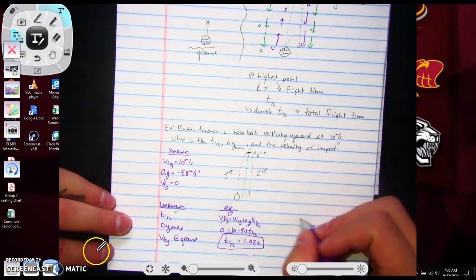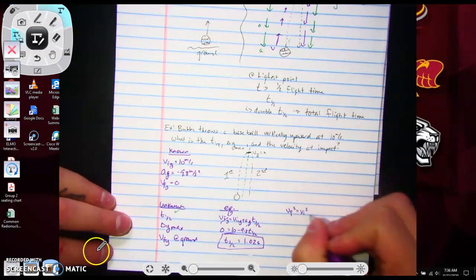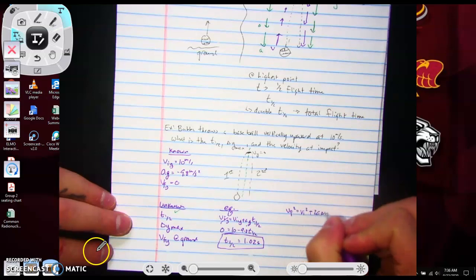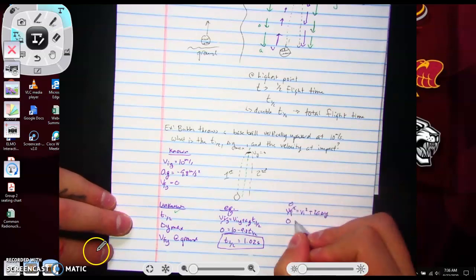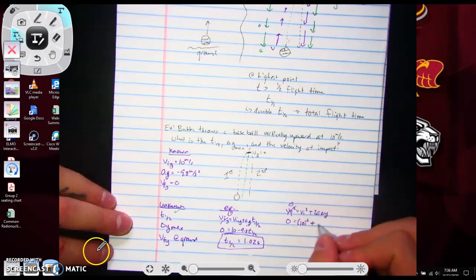So I have v final squared equals v initial squared plus 2a delta Y. 0 is equal to 10 squared plus 2 times negative 9.8 times delta Y max.